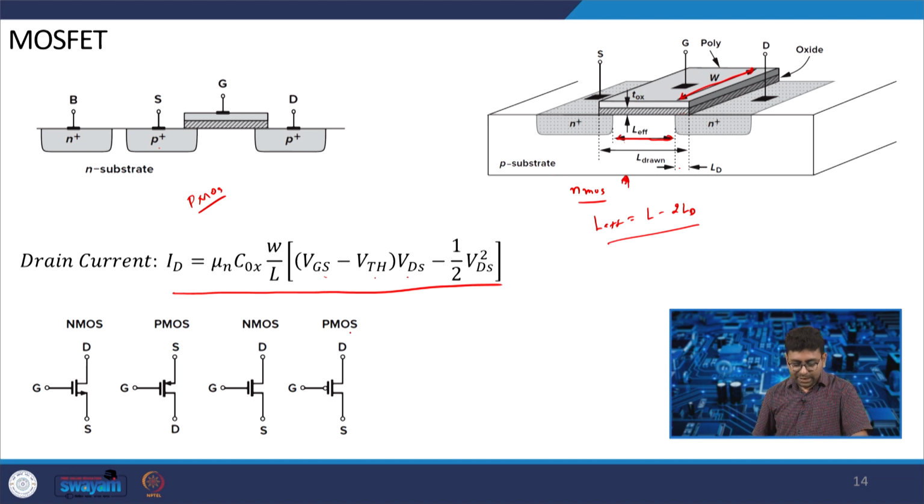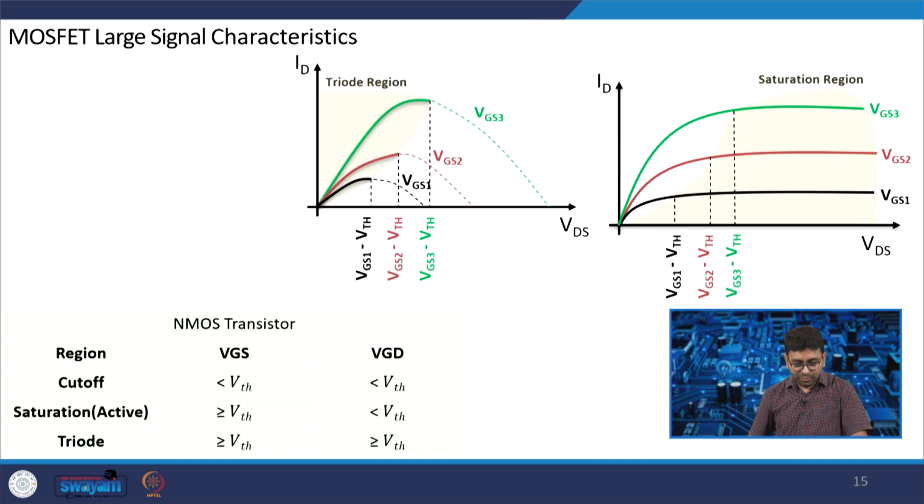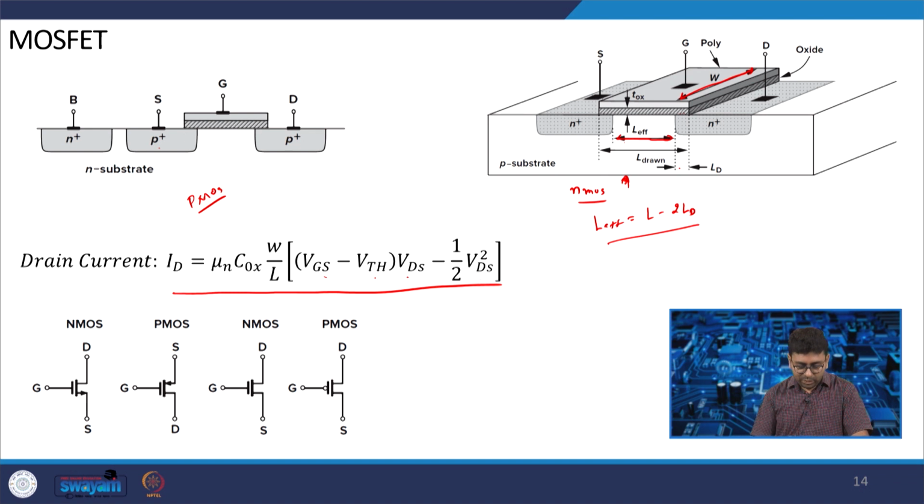Here mu is the mobility, C ox is the oxide capacitance, VGS is the gate to source voltage, VTH is the threshold voltage, and VDS is the drain to source voltage. When we try to find the ID current equation, there is a channel.